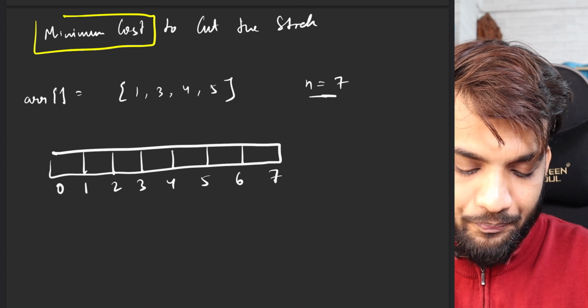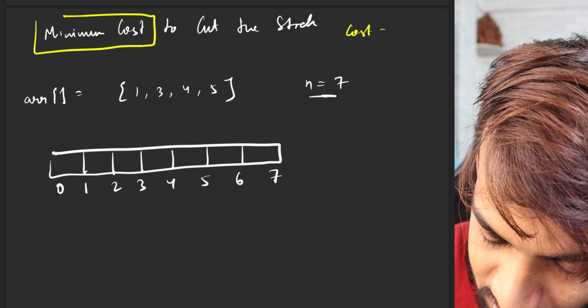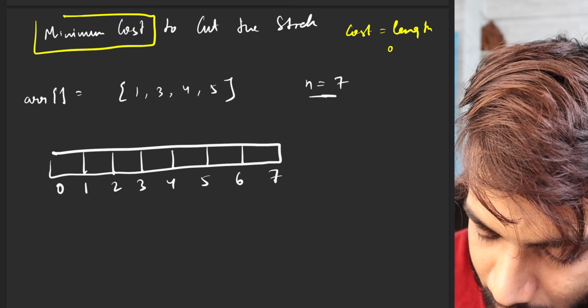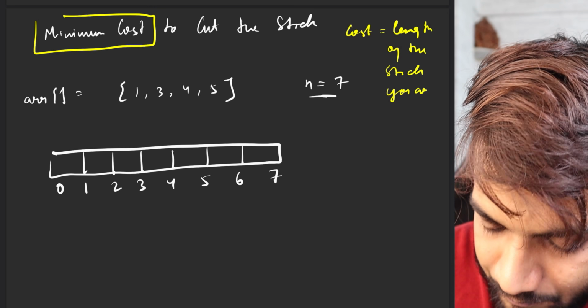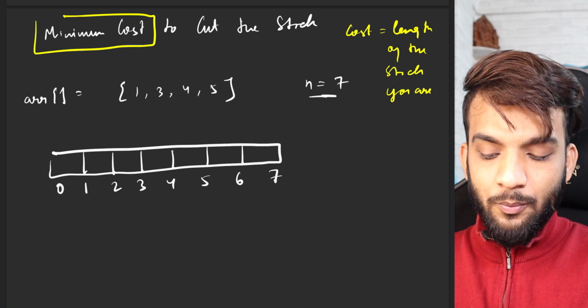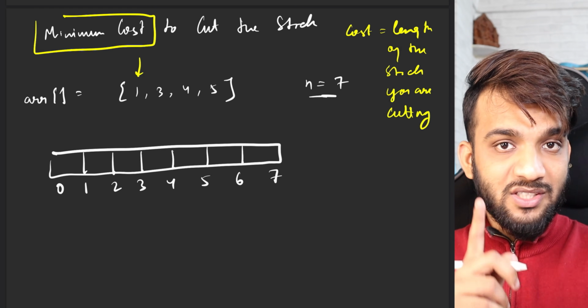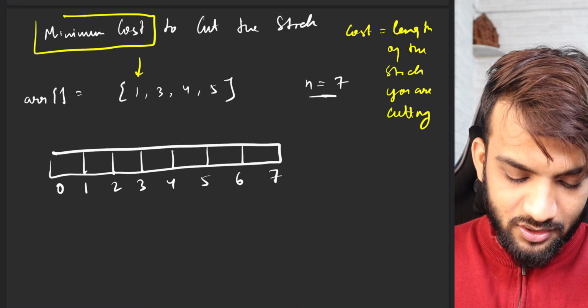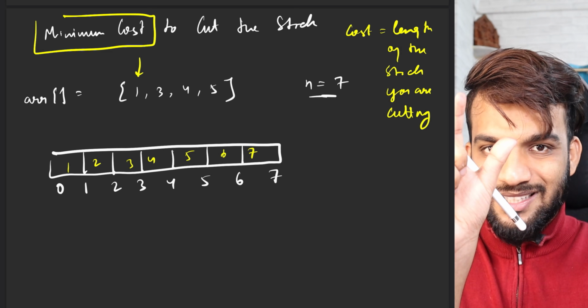Now you can follow any order. So what is cost? Cost is the length of the stick you are cutting. So if I start by cutting at 1, what is the initial length of the stick? If you just write down the length of the stick, it's 7.